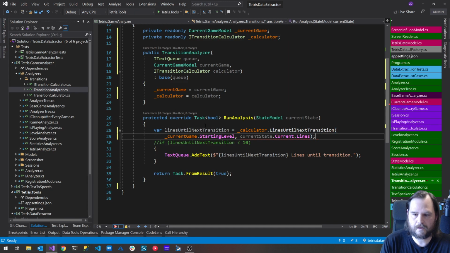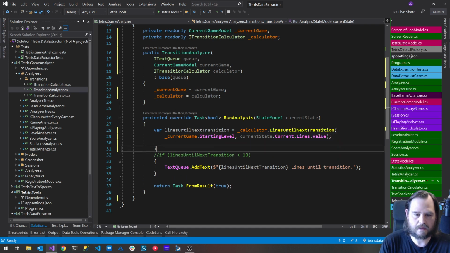Okay, what's the problem here? Oh, right, because that's a lazy, so we're going to get the value. Okay, and then if lines until next transition is not equal, we'll say has value.